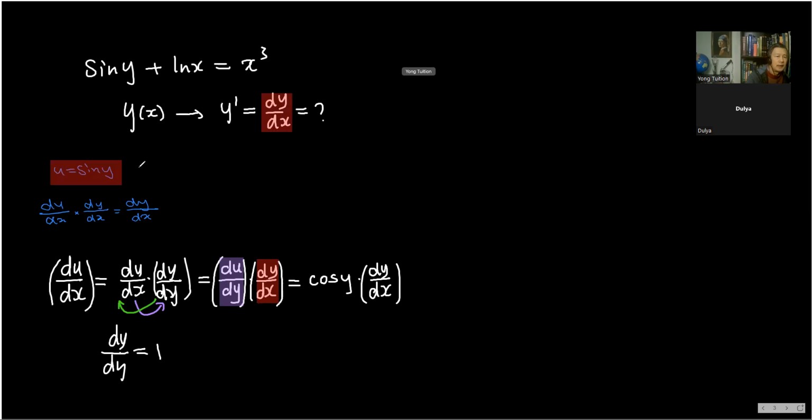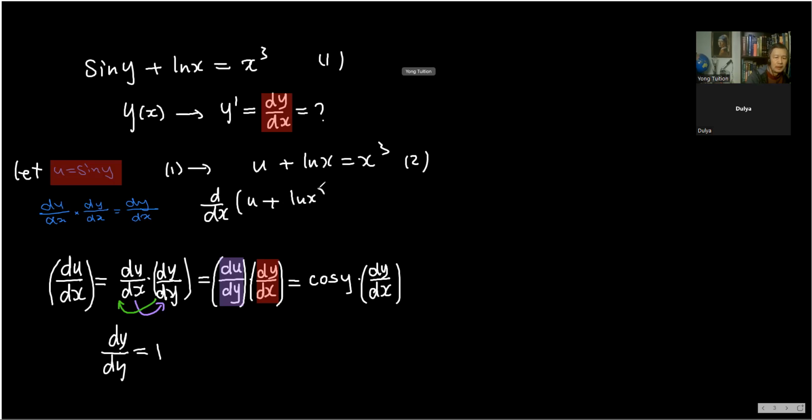So we substitute that into this formula. If we let this happen, equation 1 will become u plus log x equal to x cubed, equation 2. Again, can we just apply d/dx on both sides? You can treat the equation by doing the same mathematical operation on both sides.